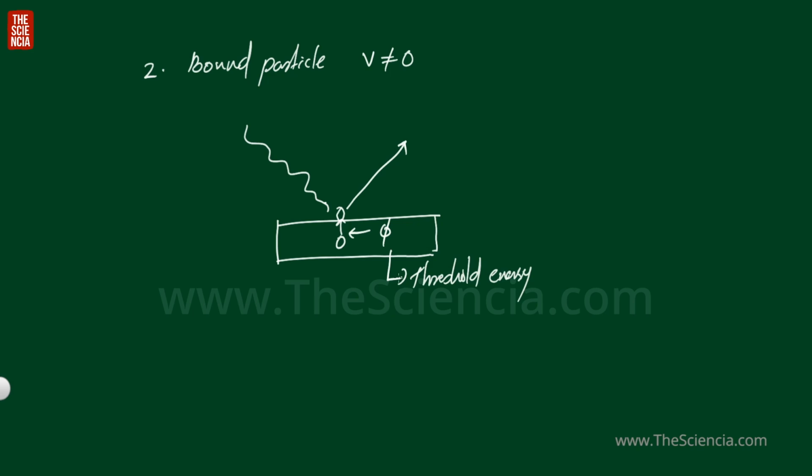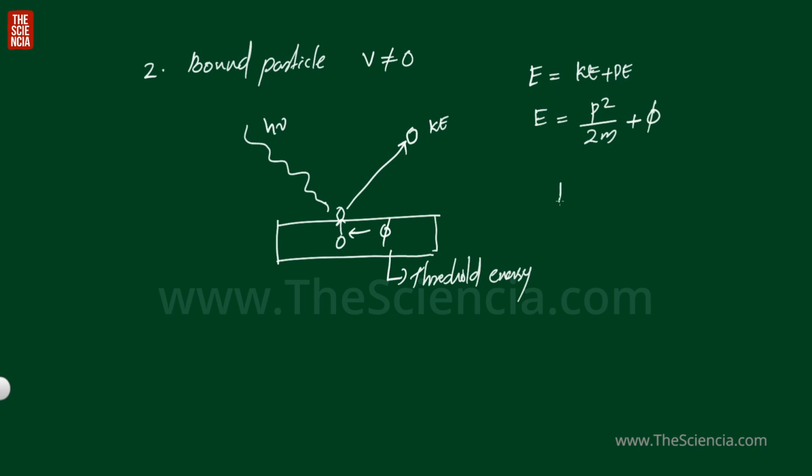So this threshold energy is the potential energy of the electron, and when it is ejected, the remaining energy in the photon will be converted to its kinetic energy. So the total energy E is equal to kinetic energy plus potential energy. Here E equals kinetic energy, which is p square by 2m, and the potential energy is the threshold energy, phi.